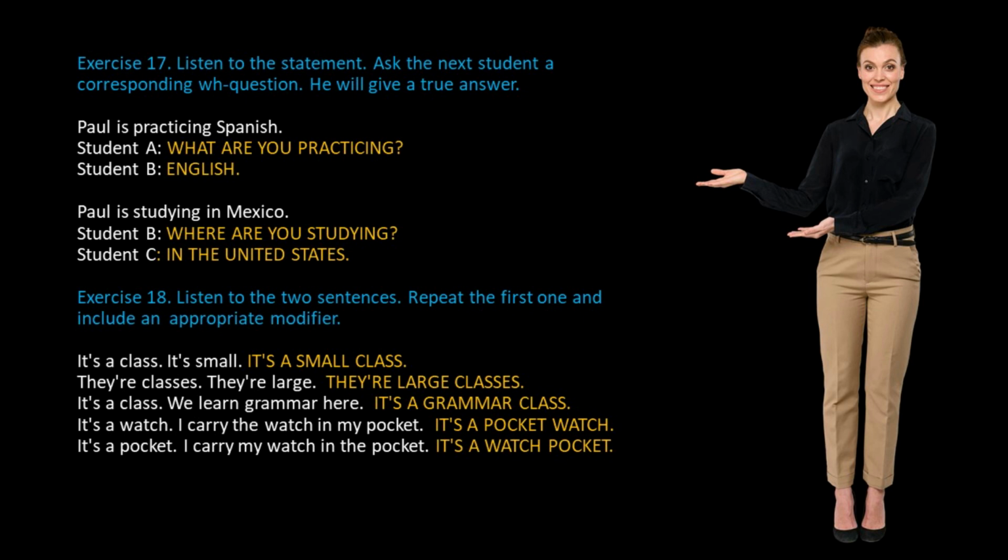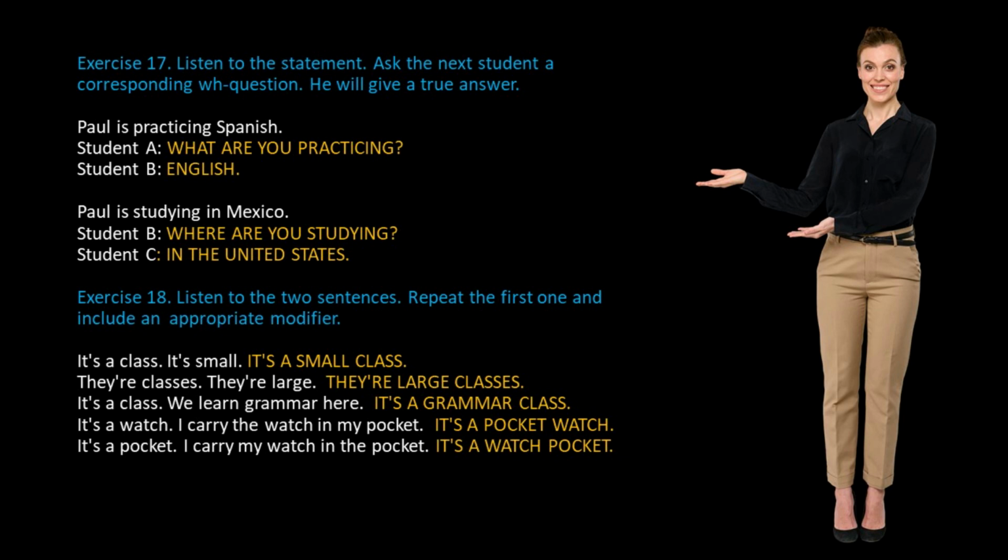Exercise 18. Listen to the two sentences. Repeat the first one, and include an appropriate modifier. For example, it's a class. It's small. It's a small class. They're classes. They're large. They're large classes. It's a class.